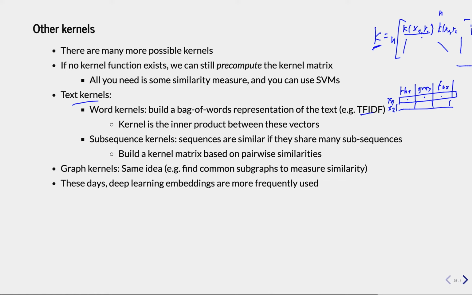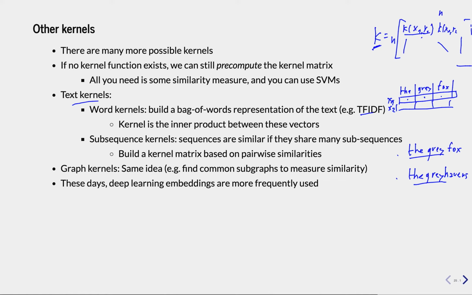Another thing you can do is look at subsequences. If you have a text, you can look at whether there are subsequences in both texts, and if that occurs, then those two strings are similar.